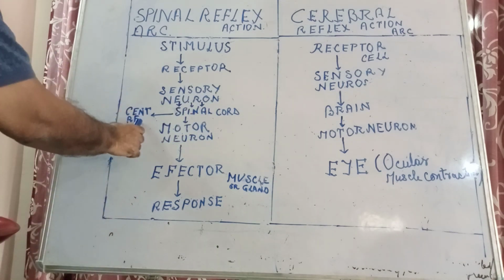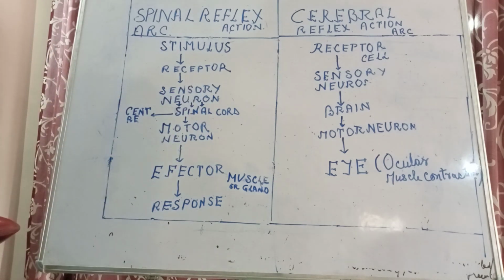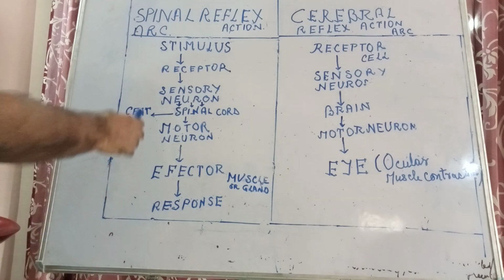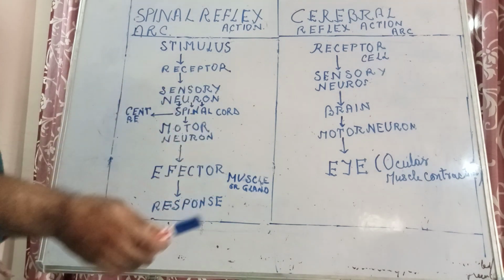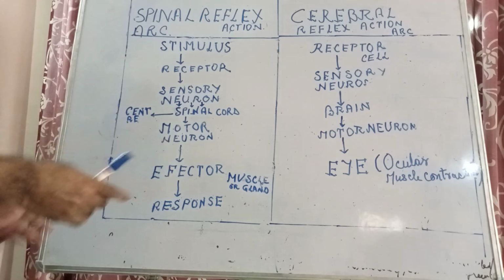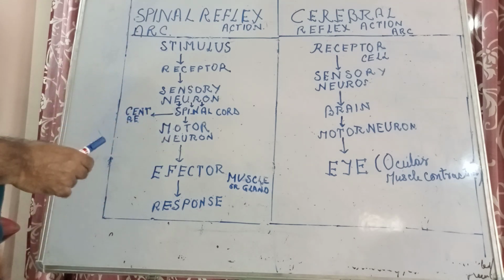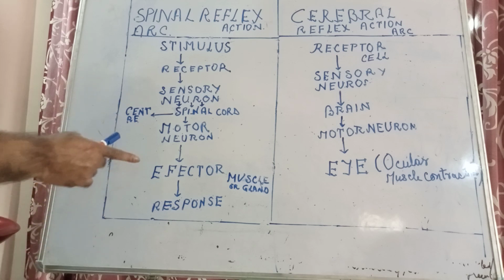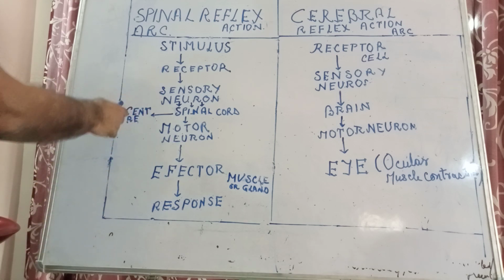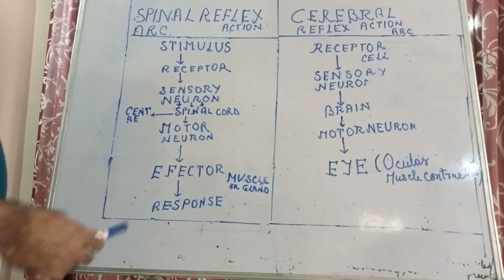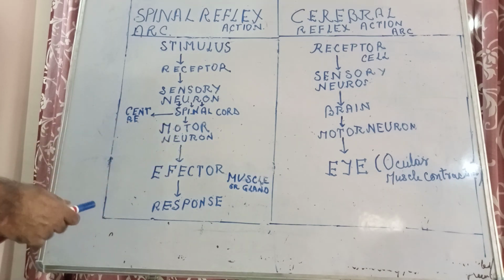At the center of the spinal cord it can be generated into a motor impulse, or transmitted, or can be inhibited also, or can be regenerated. So these things can happen at the center because there are association neurons here.